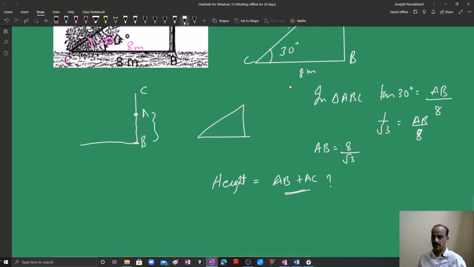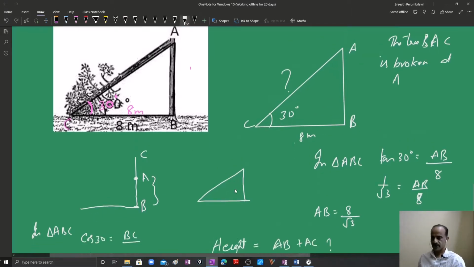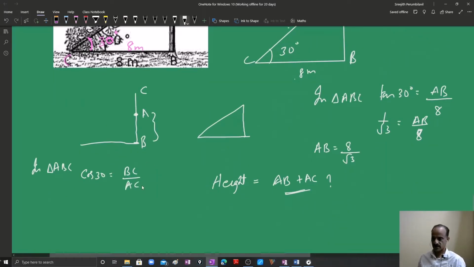Okay, so in triangle ABC, adjacent by hypotenuse, cos 30 is equal to BC divided by AC. So root 3 by 2 is equal to 8 divided by AC, or AC is equal to 16 by root 3.